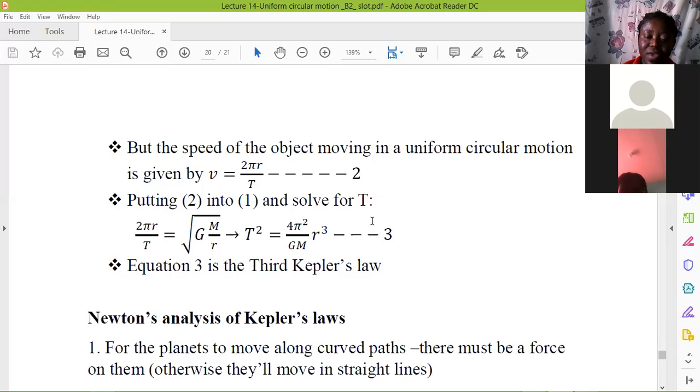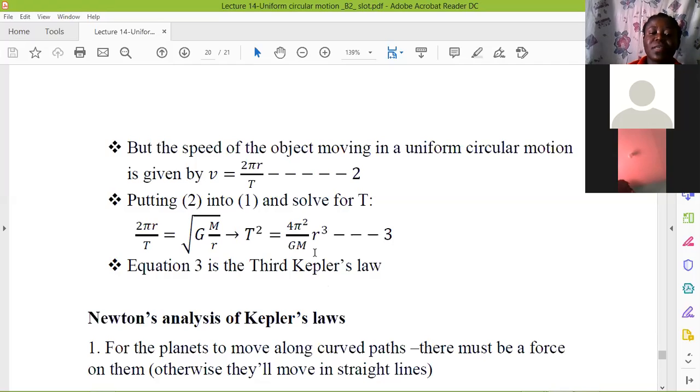Substituting that in and squaring both sides of the equation, we have that T squared, the period it revolves with squared, is equal to 4 pi squared divided by the gravitational constant times the mass of that object, times the radius of the circle cubed.